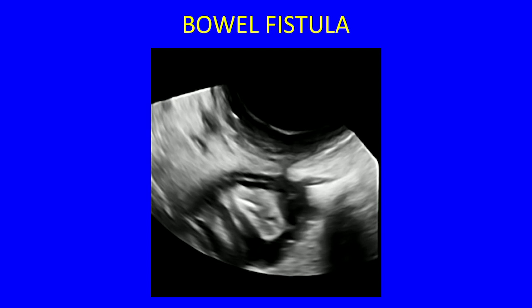And it was after that that she started to pass feces vaginally. So she must have a fistula somewhere. And looking very, very carefully, and this is a rendered view, between her bowel and the vaginal vault, I was able to demonstrate a little connection on 3D.